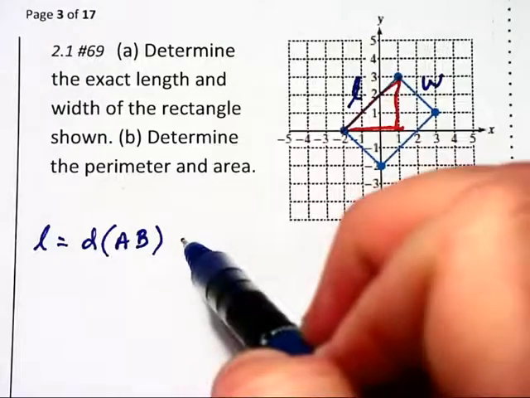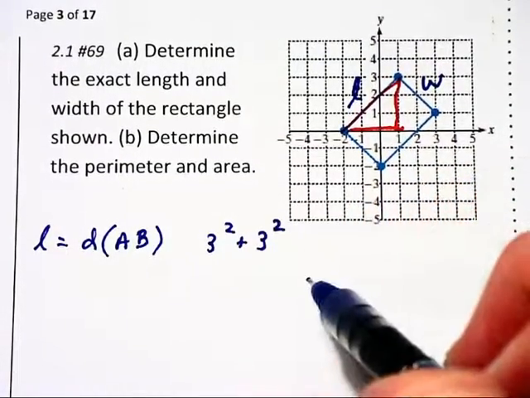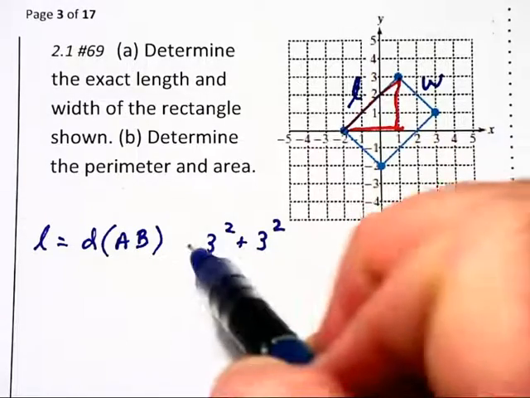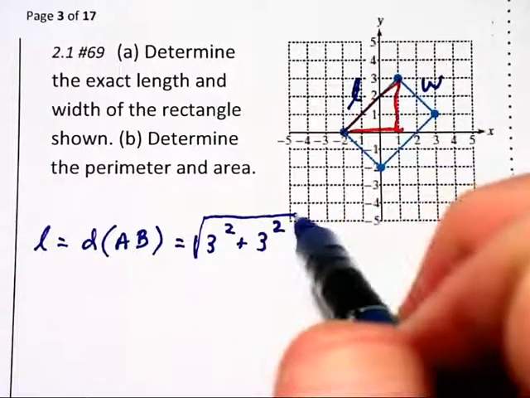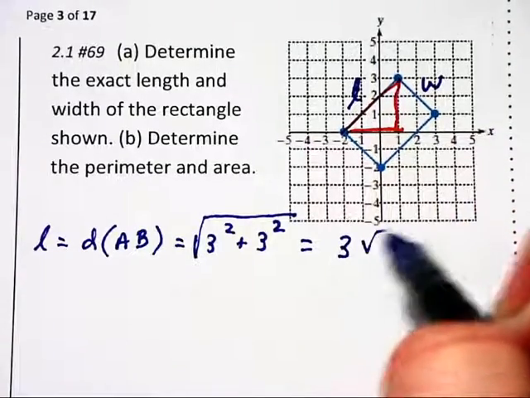So I know that 3 squared plus 3 squared makes c squared, and if I square root the sum of the squares, I'll have the hypotenuse there, which will be 3 root 2.